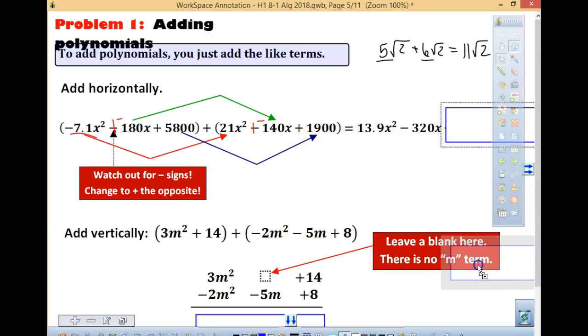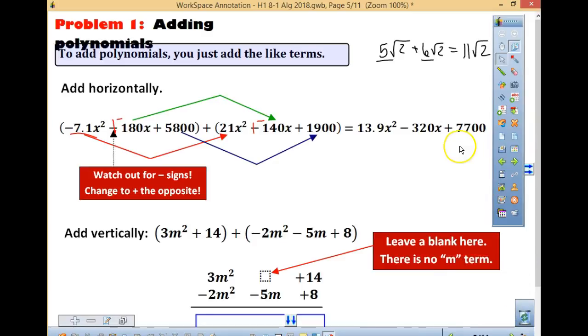As I add those two together, 7,700. Why doesn't it become x to the fourth? You are not multiplying. The only time you get x to the fourth is if you take x squared times x squared. That's when you add the exponents. This is simply adding the coefficients, okay?